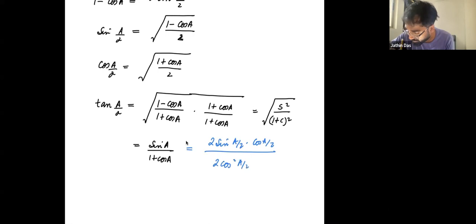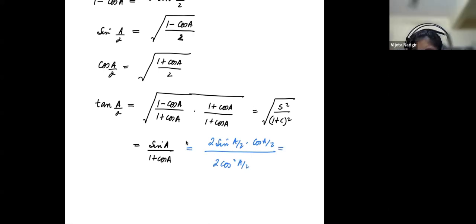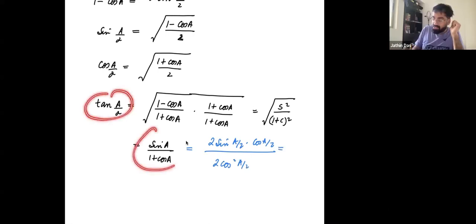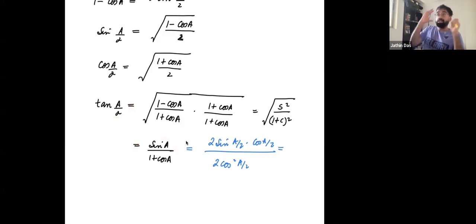You can also think 2 sine a by 2 cos a by 2 divided by 2 cos square a by 2. So you don't have to by heart this and this. You can understand.